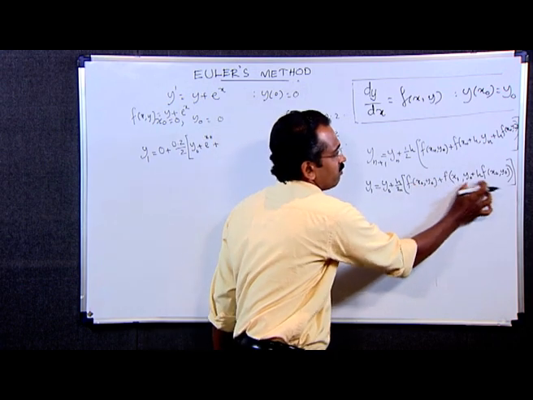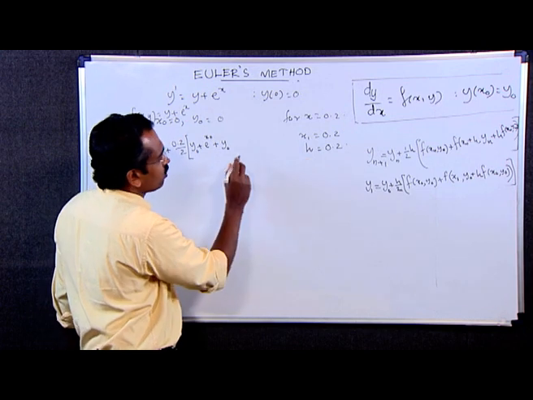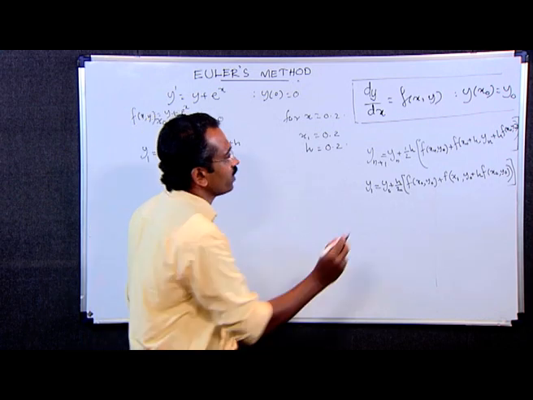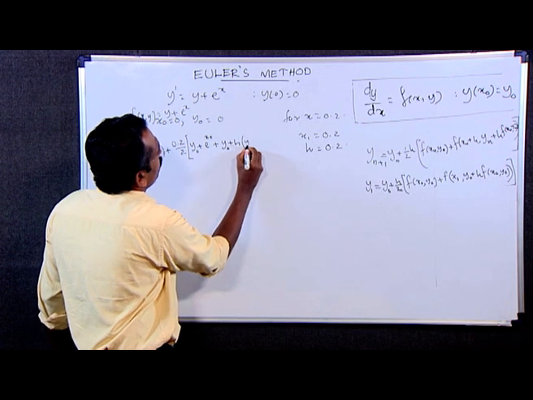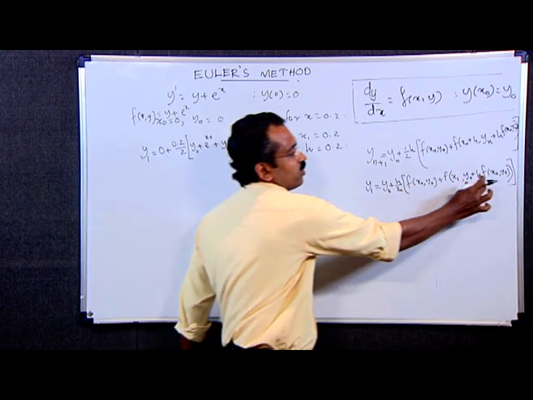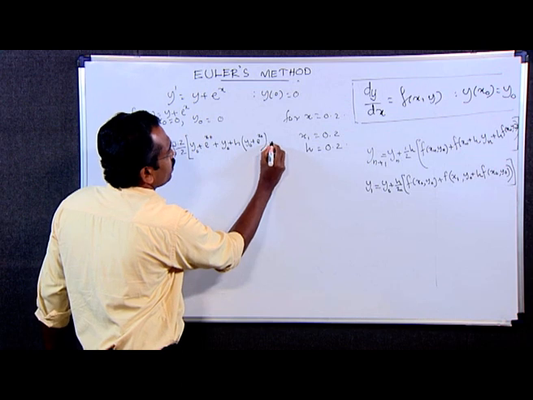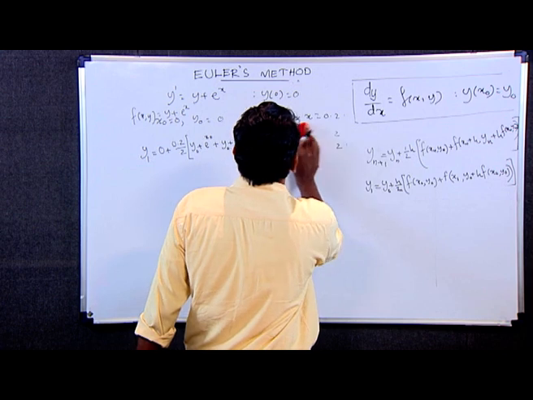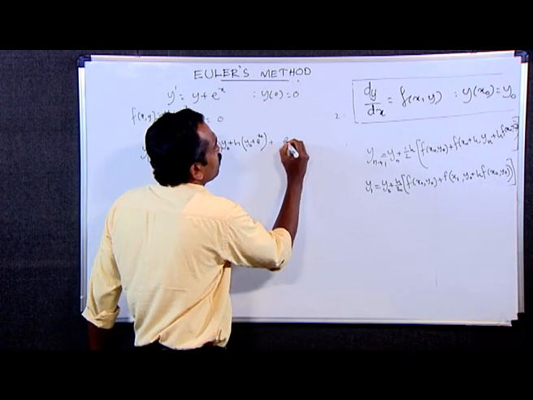Therefore, we can write y naught plus h into f of x naught y naught, that is y naught plus e raised to x naught. This is the second coordinate, plus e power the first coordinate, that is e power x1.